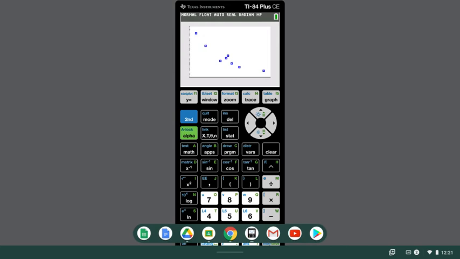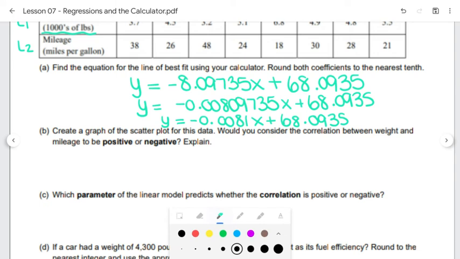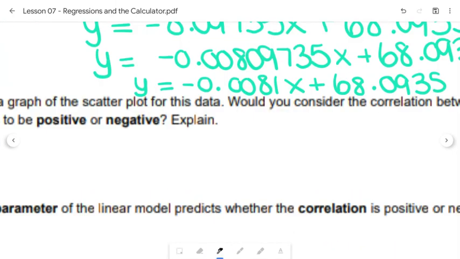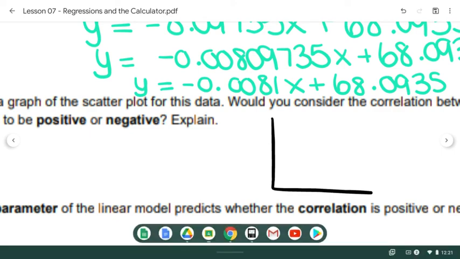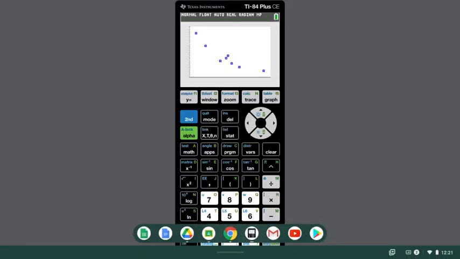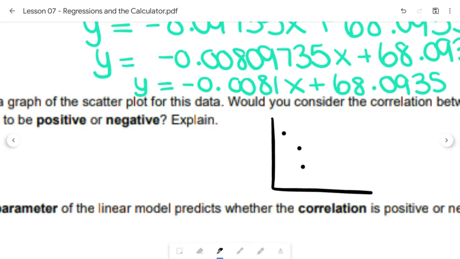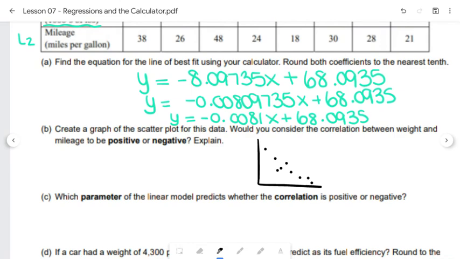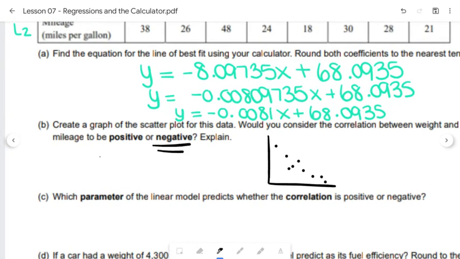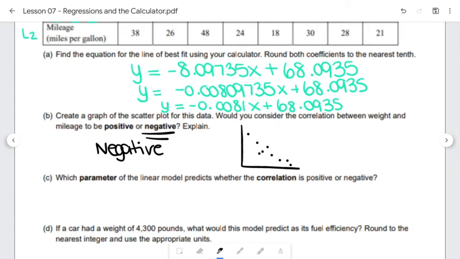So we see where all these regression points are. And I can just do a rough sketch, because this is just asking me for a rough sketch. So something along that. And all I need from that is to recognize that now we are dealing with a negative correlation. Okay, and it says because as one increases, the other's decreasing. That's how we know we have a negative.